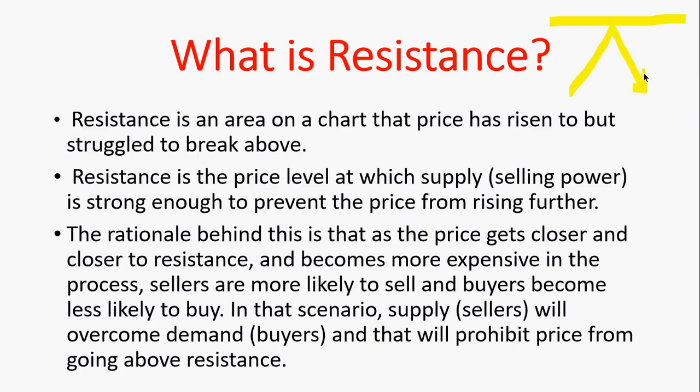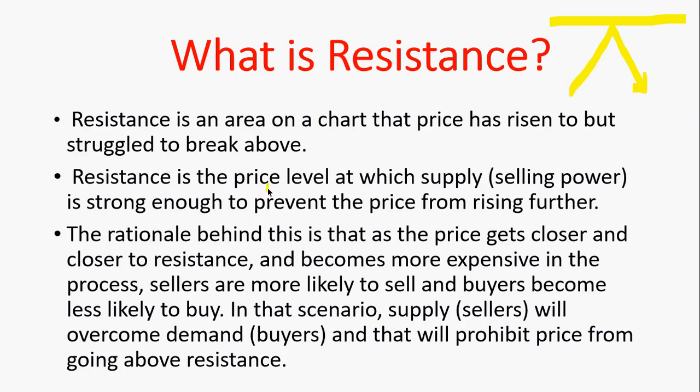It makes a reversal. That point where the price has failed to break through when it is rising and then reverses is called the resistance. So resistance is where supply is. Support is where demand is. Resistance, supply.